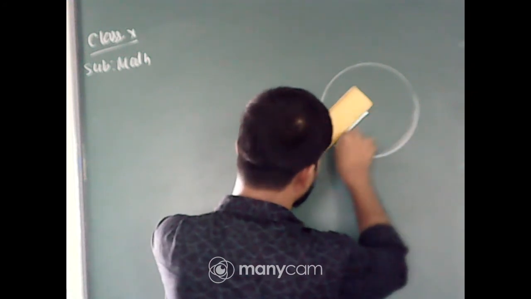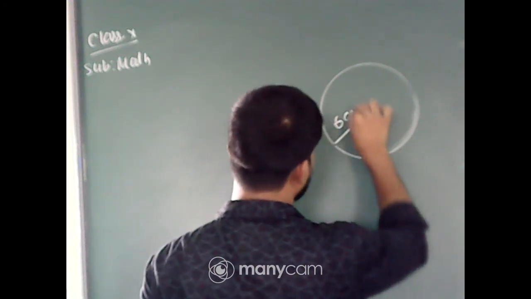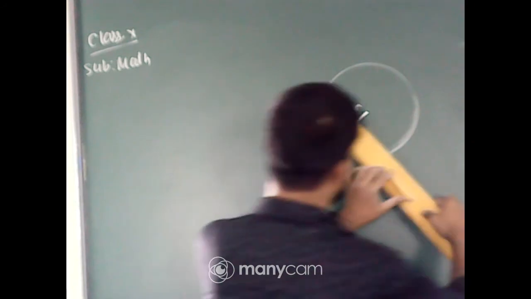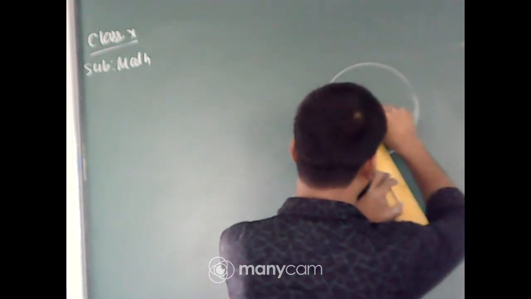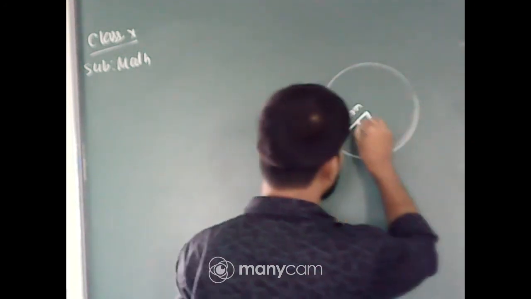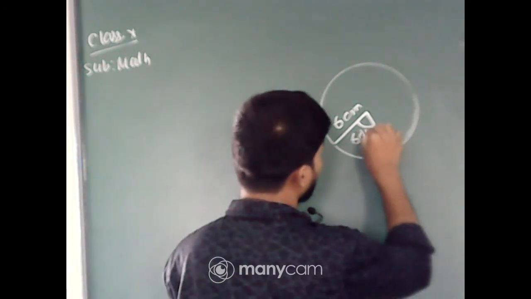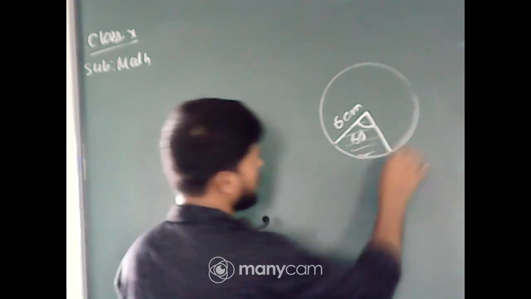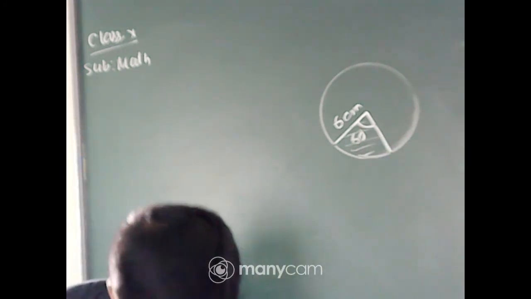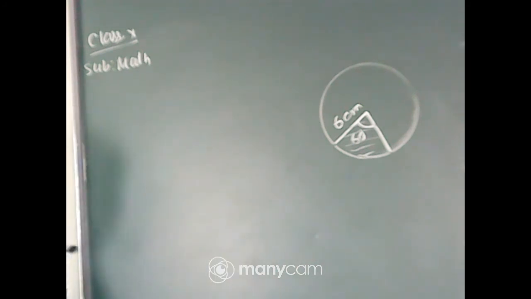So the radius of the circle is 6 centimeter, and the angle at the center is 60 degree. So we have to find the area of this sector. Let's find it out.